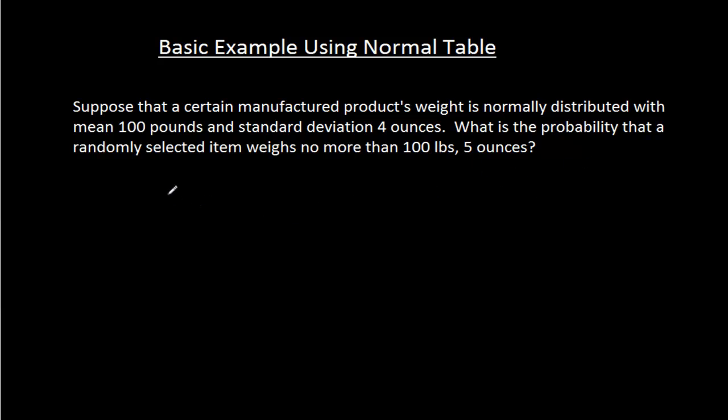Okay, so we need to define a random variable here, and X I'm going to let be the item weight. And we're told that X is normal with mean 100, and since I'm in pounds, the standard deviation is not 4, it's 4 ounces.